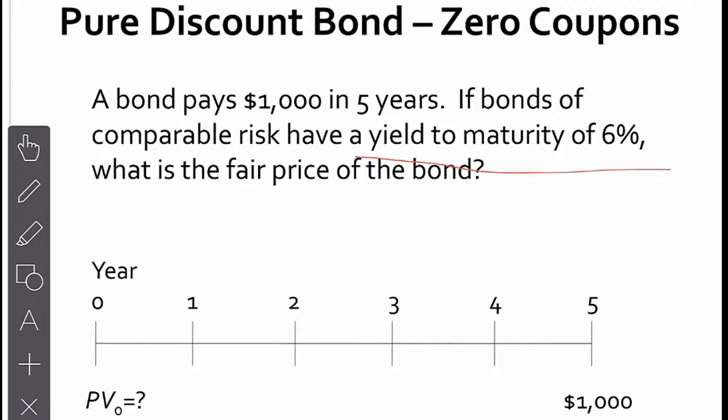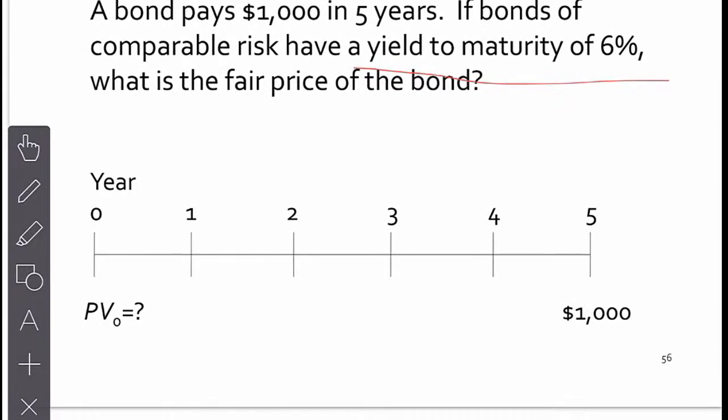So this is the timeline for bonds. What does it look like? Which timeline does it correspond to? In this case, this is a pure discount bond. So you just do pure discounting.